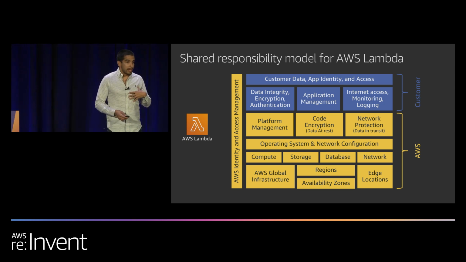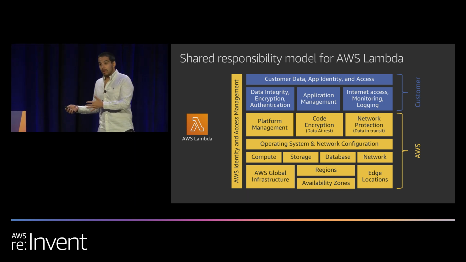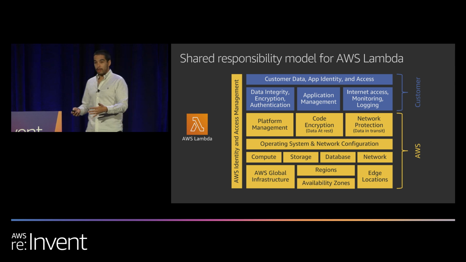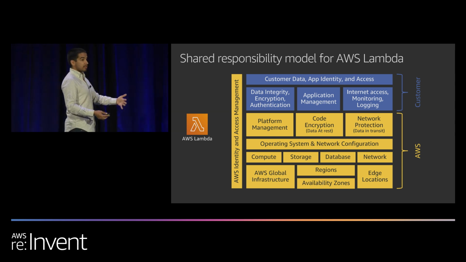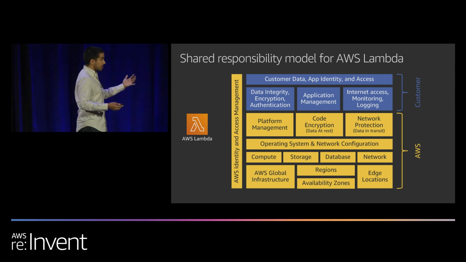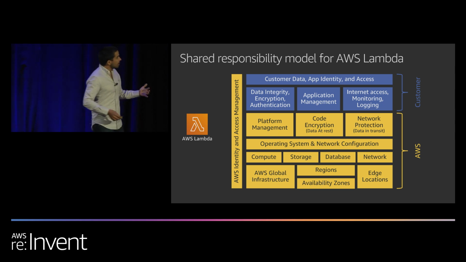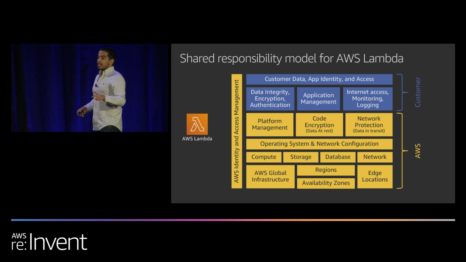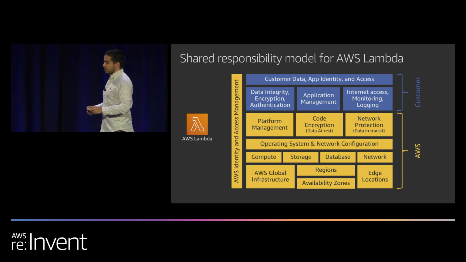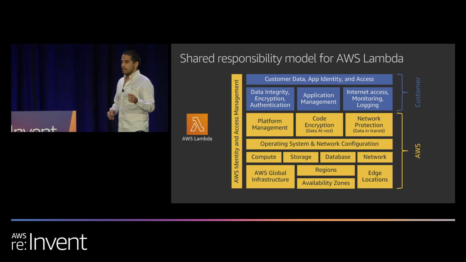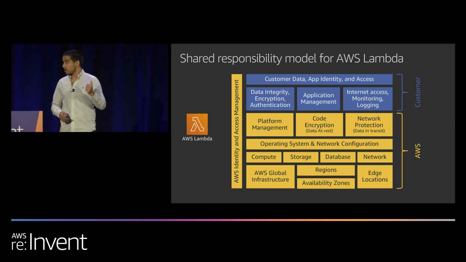We are responsible for making sure that AWS IAM works in the intended way it was supposed to work, but you are responsible for configuring the policies for those IAM policies and conditions. So yes, even though you're running serverless and there's a lot less you need to worry about, you still have some responsibility. So let's talk about how AWS IAM works for AWS Lambda.